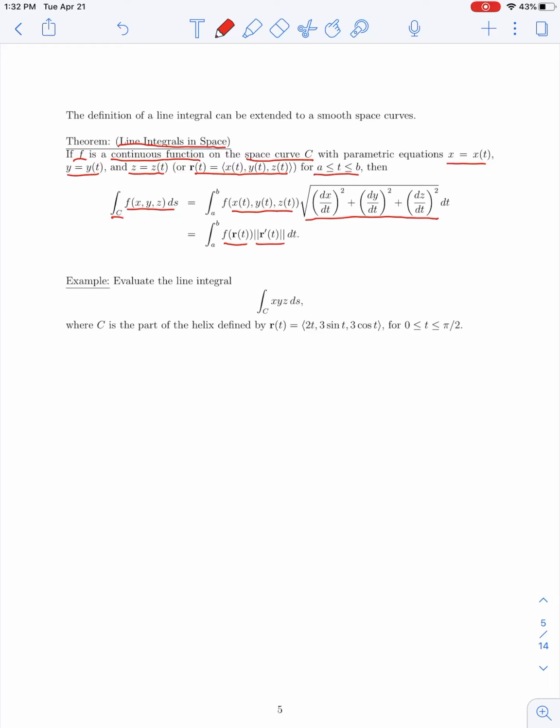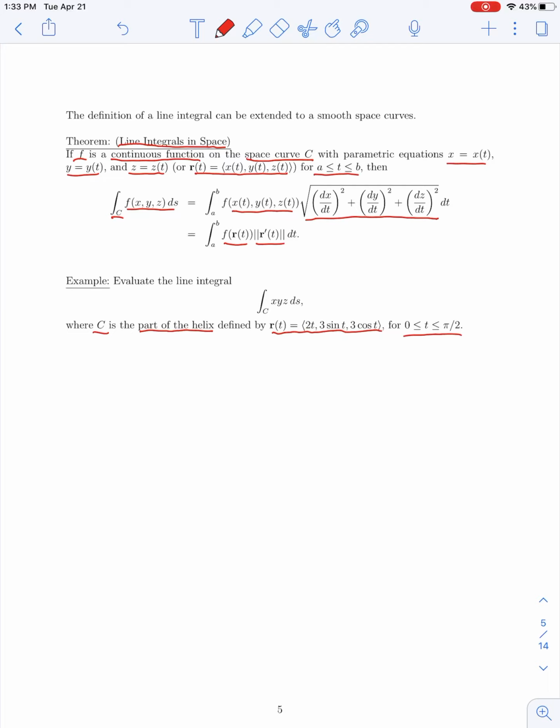For our first one involving a space curve, we're asked to evaluate the line integral of x times y times z with respect to s over the curve C, which is defined to be the part of a helix defined by r of t equals 2t, 3 sine t, 3 cosine t, for t ranging from 0 to pi over 2.